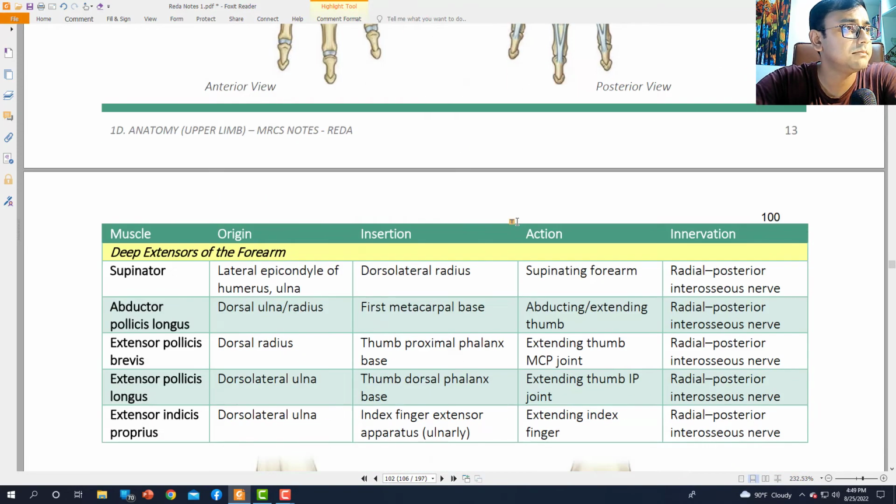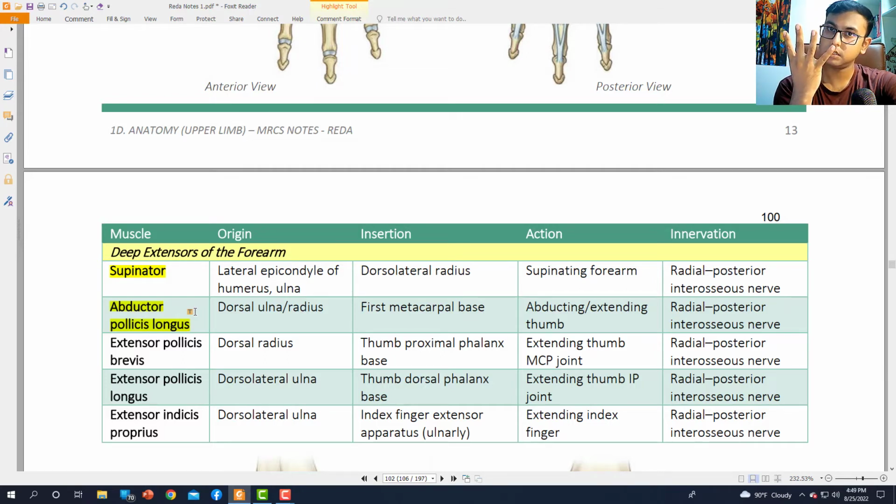Okay, that was the superficial extensor muscles. Now the deep extensor muscles. First, supinator, which does supination, as when I lift up like this. Then abductor pollicis longus. When I do this, that is abduction, and the opposite is adduction.